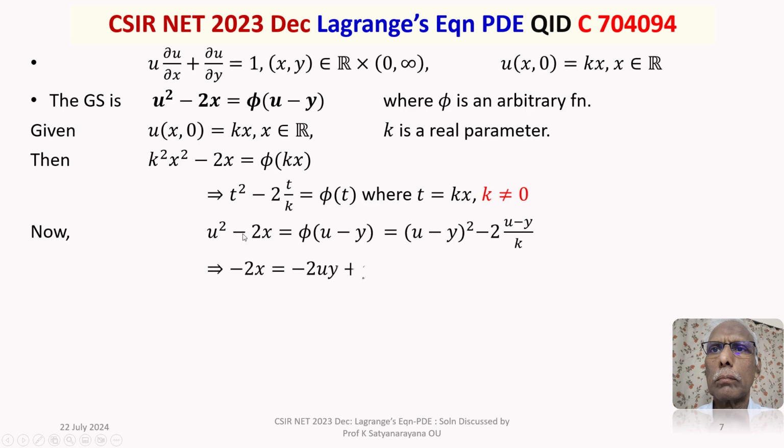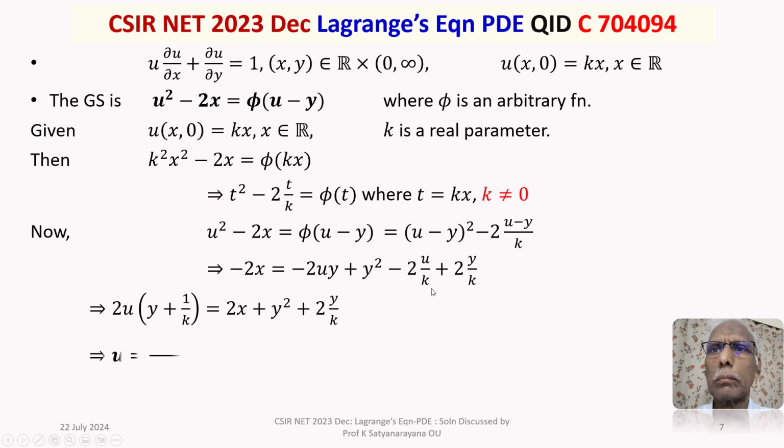Thus you get −2x = −2uy + y² − 2u/k + 2y/k. Now simplify: 2u(y + 1/k) on the left hand side, and −2x is sent to this side, so 2u(y + 1/k) = 2x + y² + 2y/k.